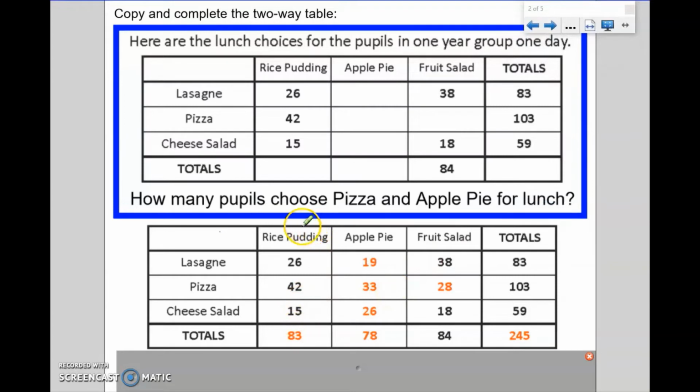So we can work out the total of students who had rice pudding as their dessert as 83 by doing an addition of these three values. We can work out how many students had lasagna as their main course, and apple pie as their dessert by taking 38 and 26 away from 83. We can do the same here for students who had cheese salad as their main course and apple pie as their dessert.